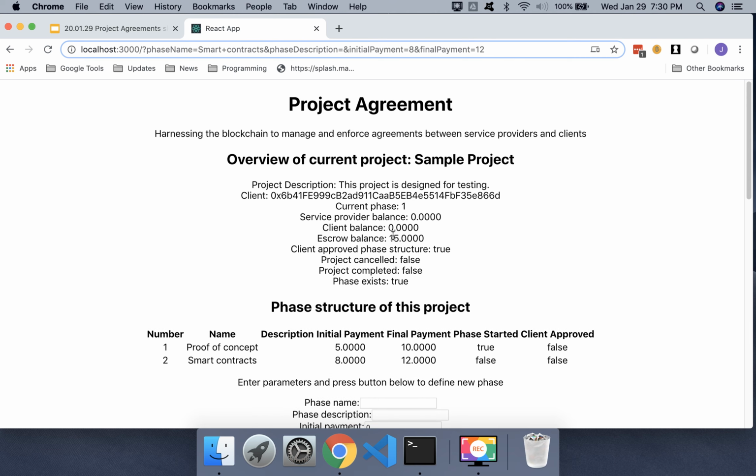You can see that the 15 ETH that was in the client balance has moved to the escrow balance. So now that 15 ETH is accessible by neither party. The contract is holding it, and neither party can withdraw ETH at this point while the service provider is working on that first phase.